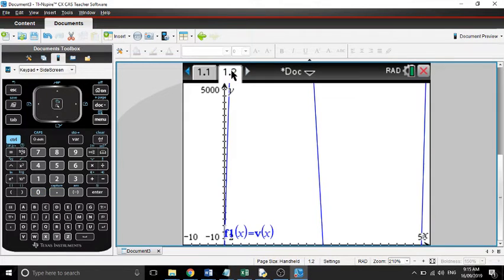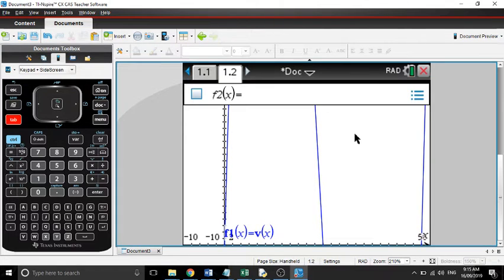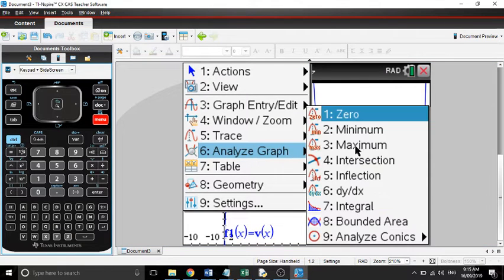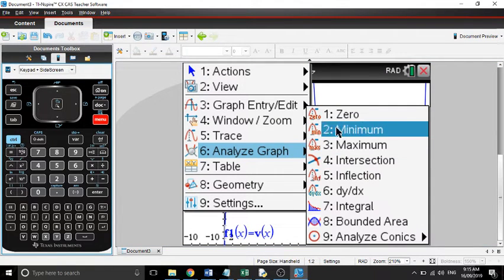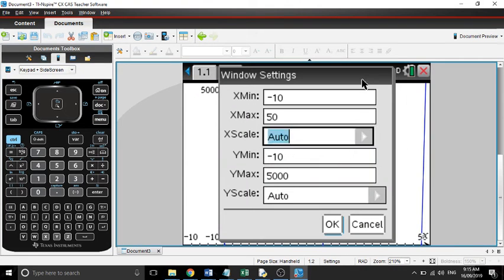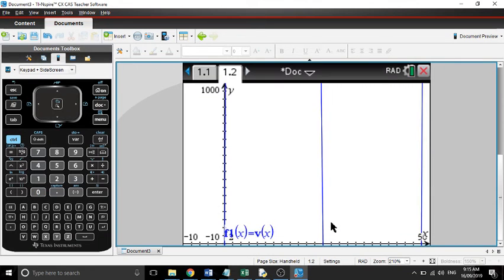Let's go out even further, to 10,000. Still, we've got to go further. Ah, so it's 1,000.